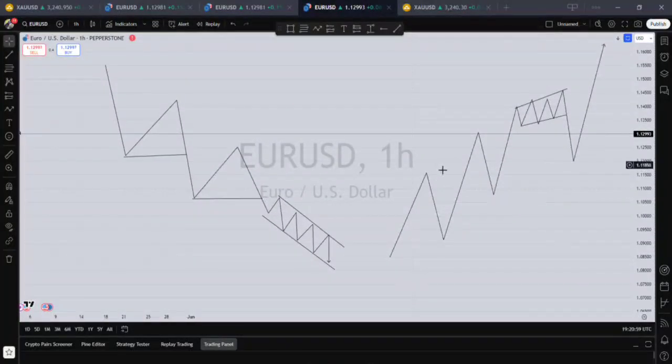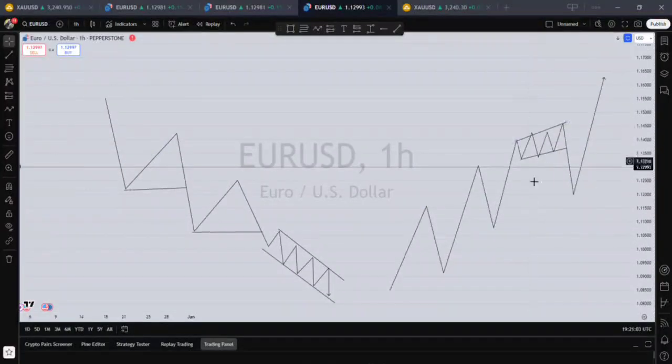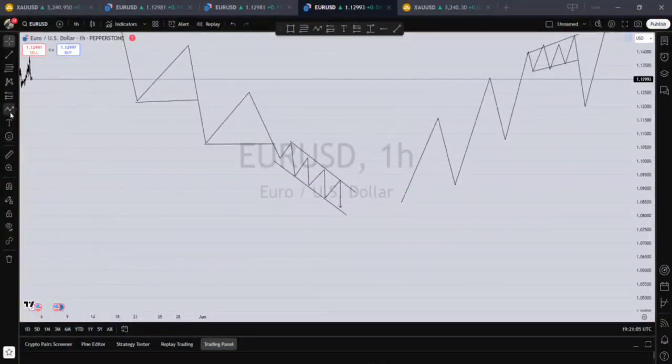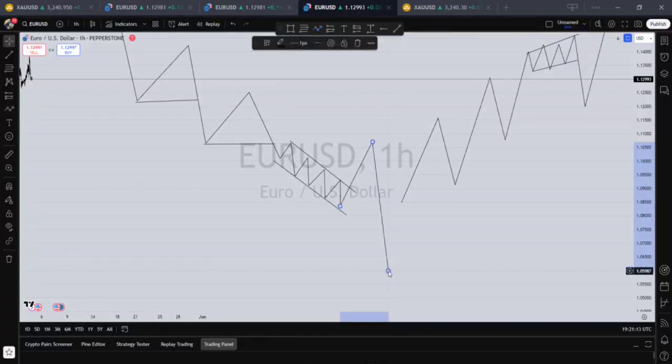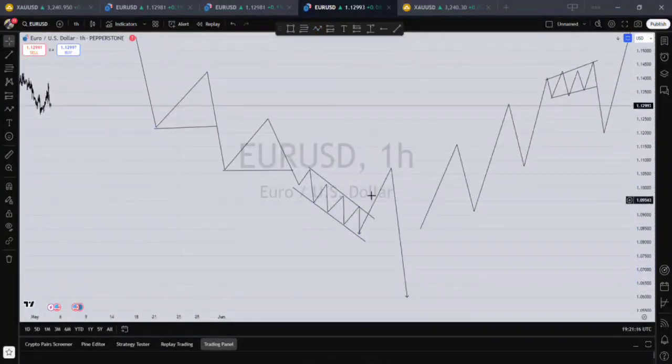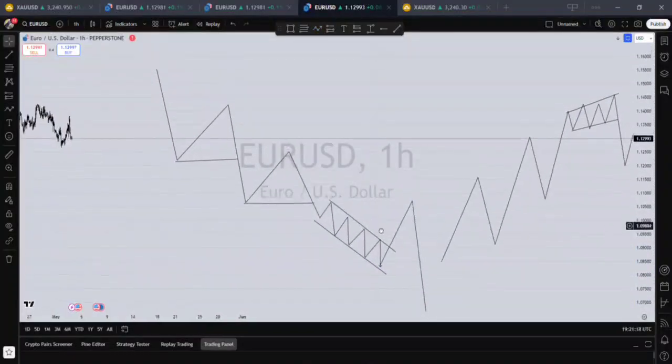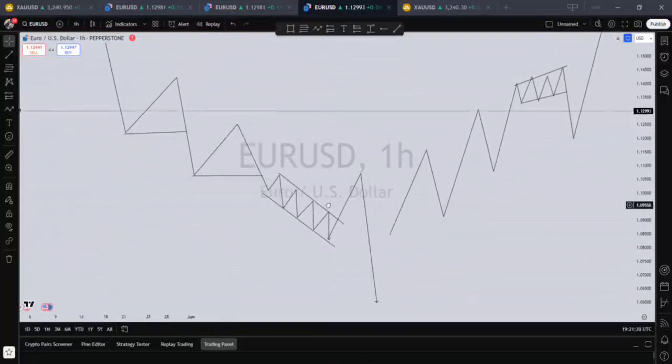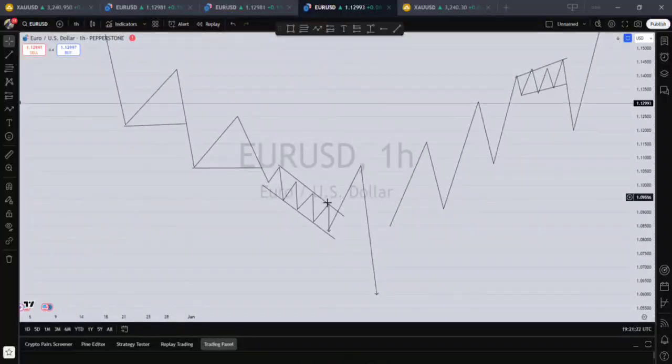So you cannot count 1 break, 2 breaks, 3, 4, 5 inside the range. This range can break after the 3rd, 4th break, whatever, and then still continue the actual trend. I believe this is going to answer a lot of questions.